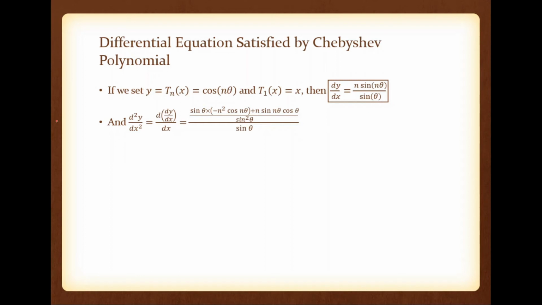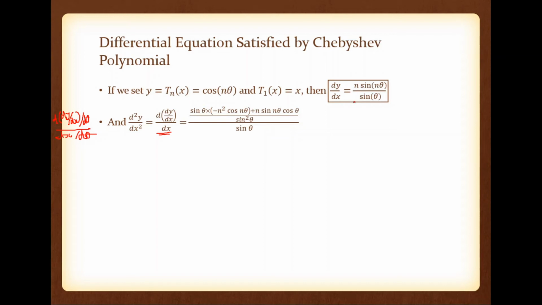So we can write it as d of dy by dx divided by d theta, all divided by dx by d theta. Means find the differentiation of the numerator with respect to theta.